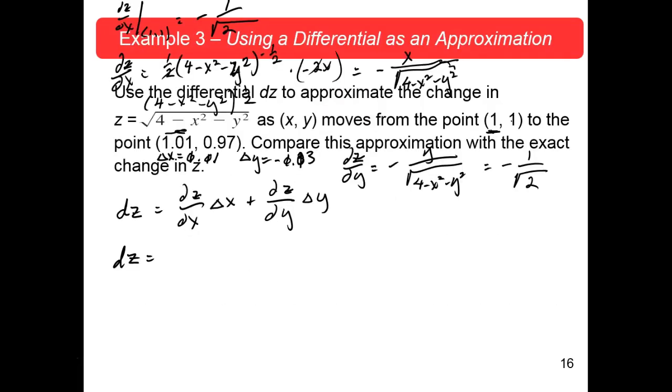The partial z with respect to x at 1, 1 would be minus 1 over root 2 times 0.01, plus a minus 1 over root 2 times a minus 0.03.